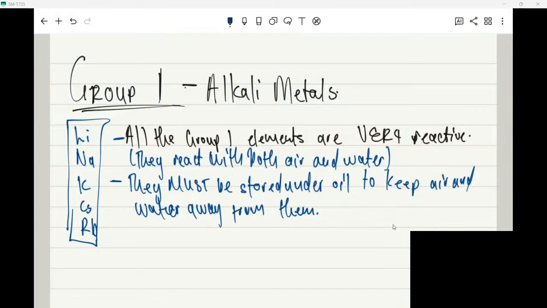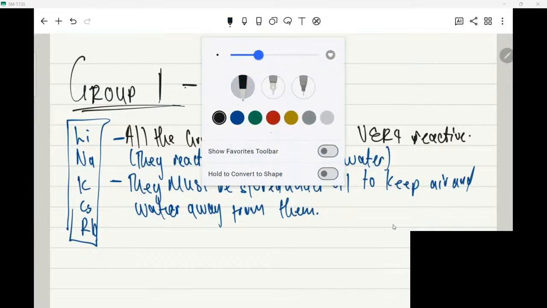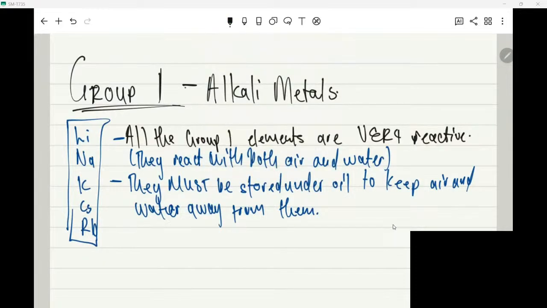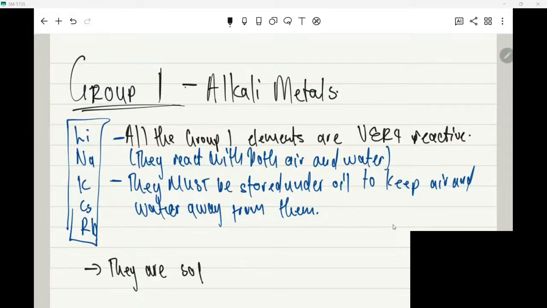Now let's talk about some normal properties of these elements, some of the things that you must know. Number one is that they are very soft.